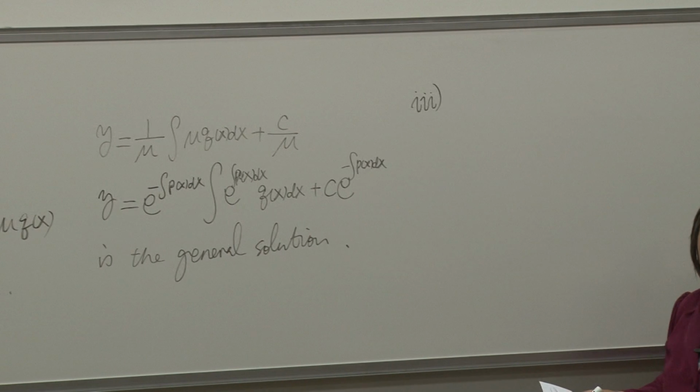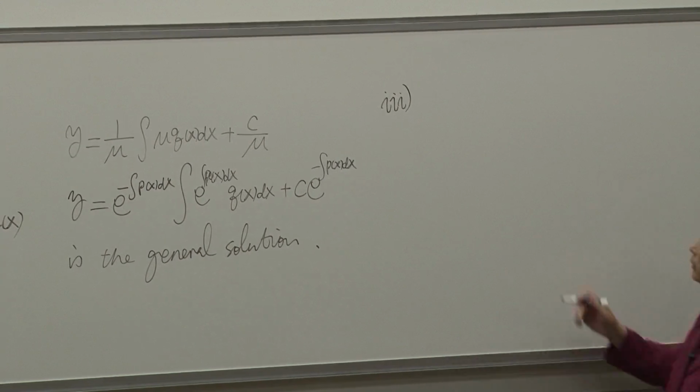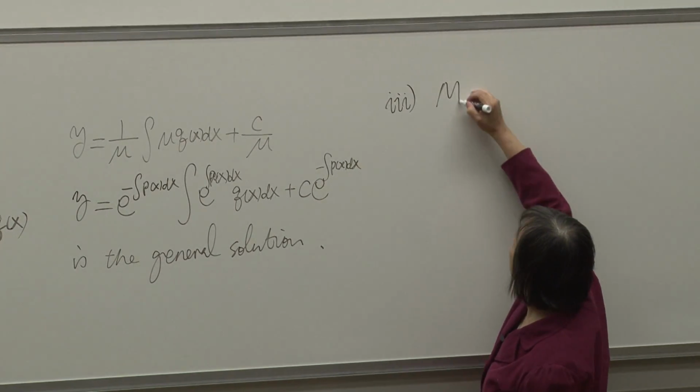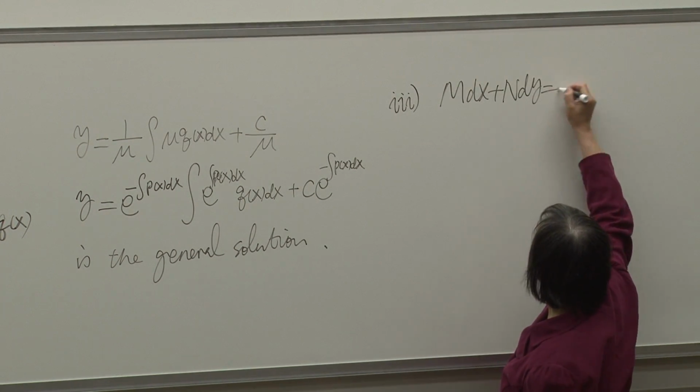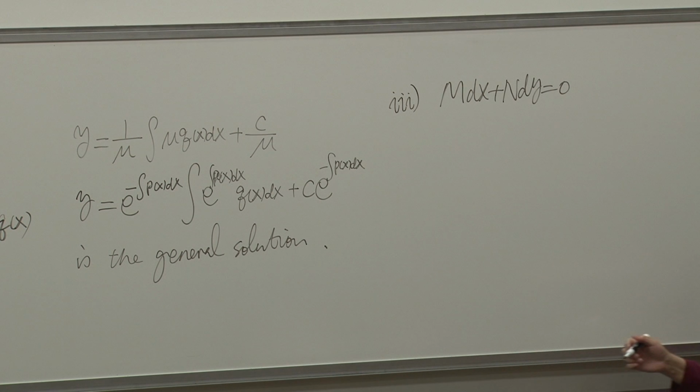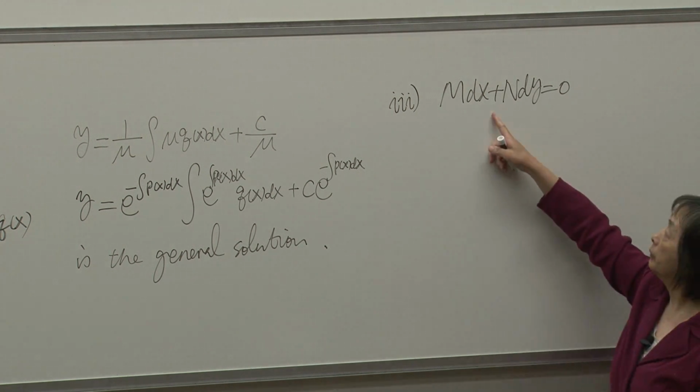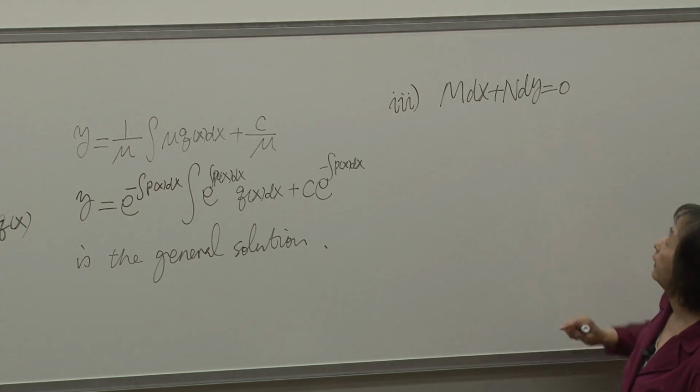Now let's look at the third type of equation. We consider an equation in the form of m dx plus n dy equal to 0.